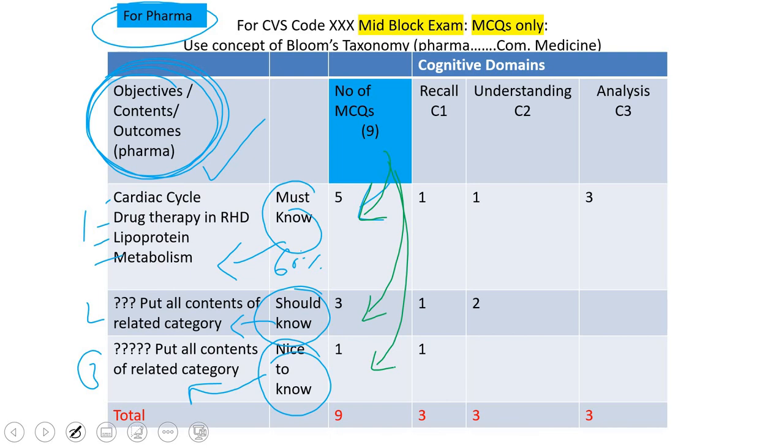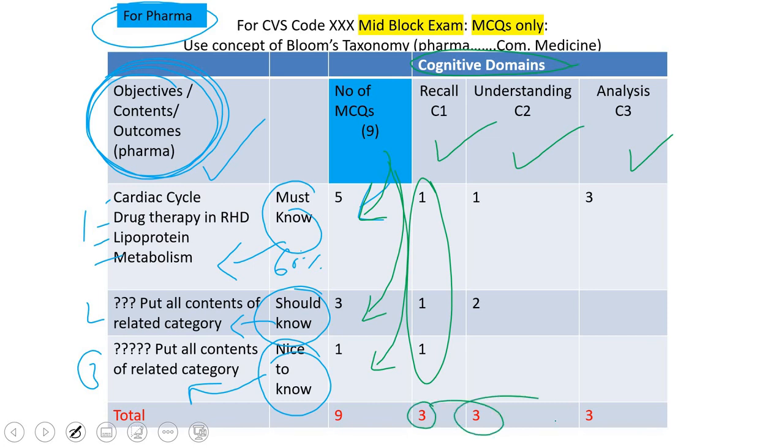Now you have to allot this keeping in view the cognitive domain, Bloom's taxonomy: recall meaning remembering, understanding, and analysis. So it's up to you which particular number of MCQs you are going to test. But the net sum shall be the same, so that there will be no problem at the end, once you get the final total curriculum blueprint of all related courses.